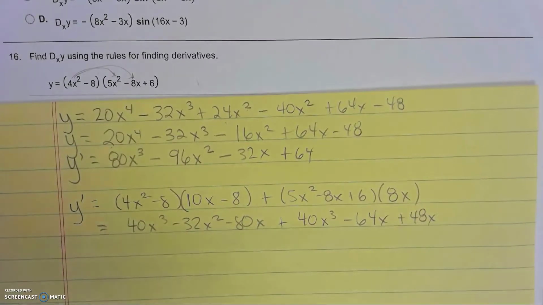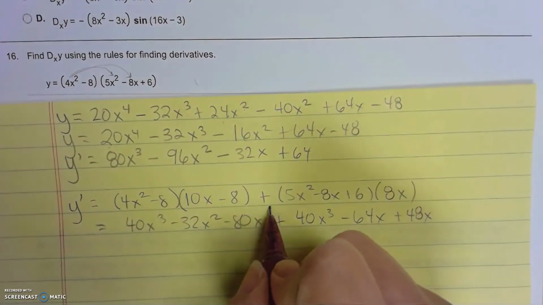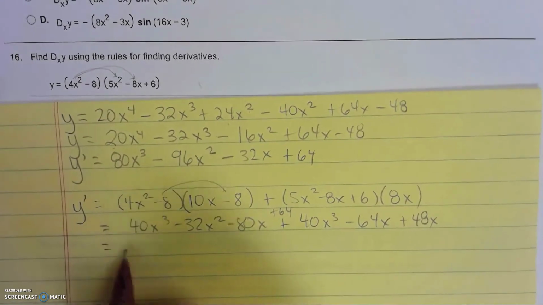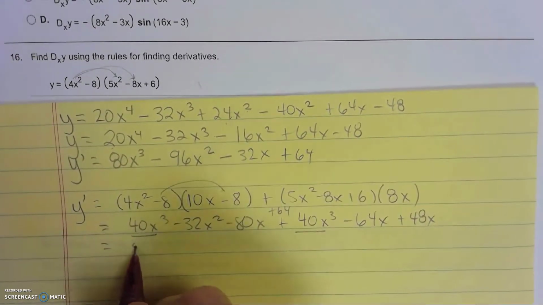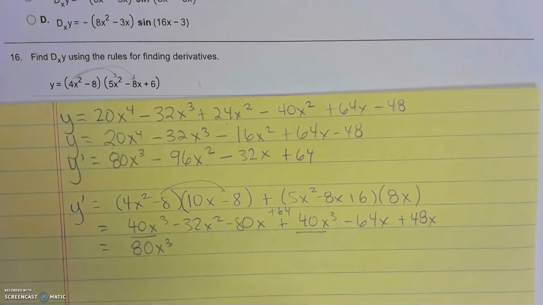Then we combine like terms. I left off my 64 there. There should be a plus 64 in here, right here. So now we have 40x cubed and 40x cubed gives us 80x cubed. Then, let's see, what else do we have?